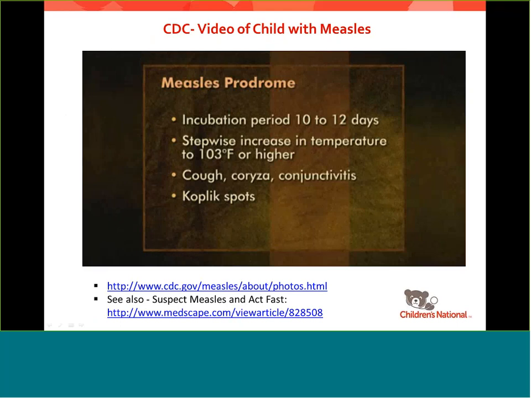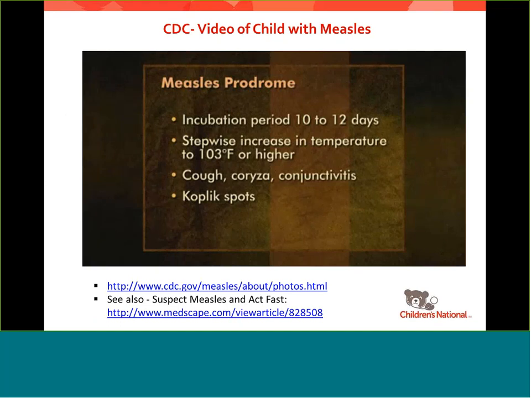After an incubation period of 10 to 12 days, there was a stepwise increase in temperature, 103 degrees Fahrenheit or higher. What usually follows is classic cough, coryza, runny nose, and conjunctivitis or pink eye. An astute observer may see Koplik spots, a rash found on mucous membranes, a day or 2 before the cutaneous rash.